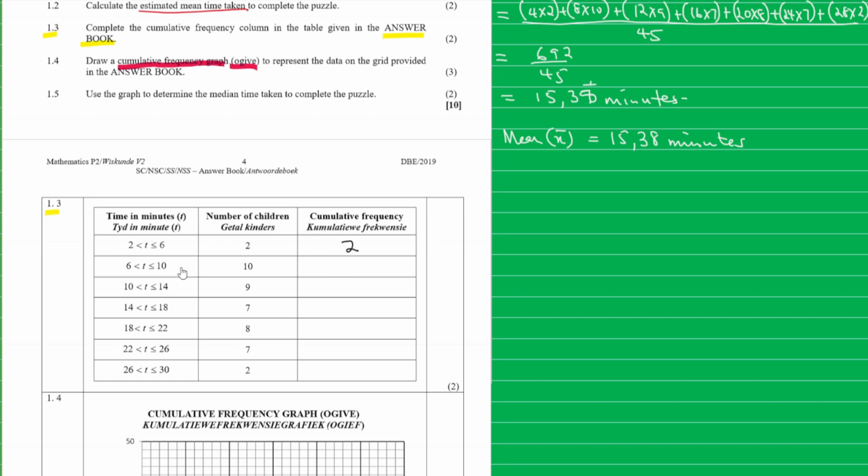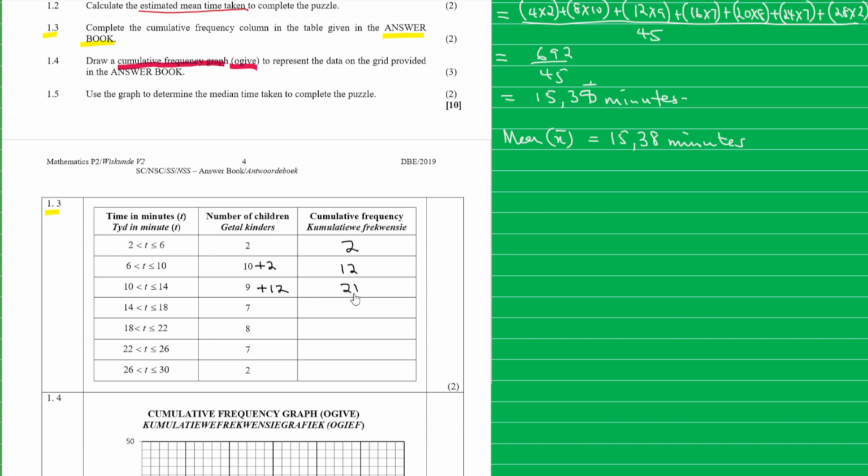Now, to get the cumulative frequency for the second one, we add the preceding one. Here there are 10, so we add the preceding frequency, which is a 2. So 10 plus 2, we get a 12. And then here there are 9, so we add the preceding cumulative frequency, which is a 12, so we'll get a 21.